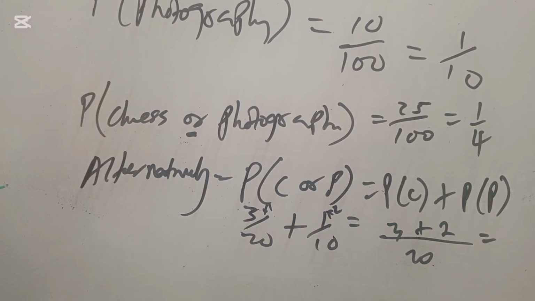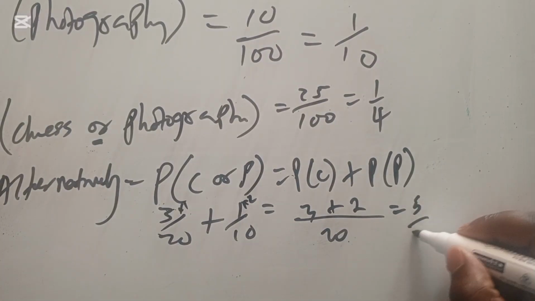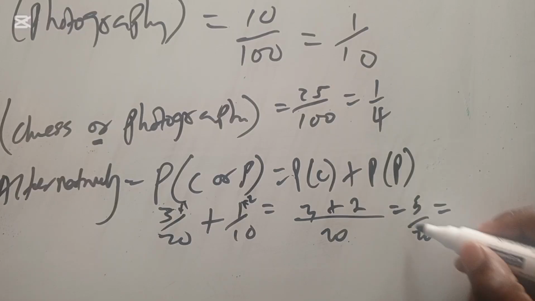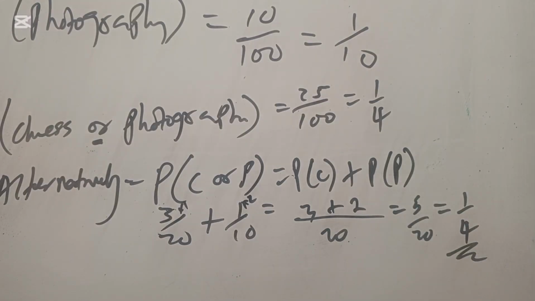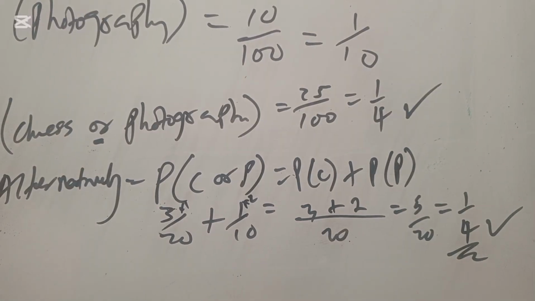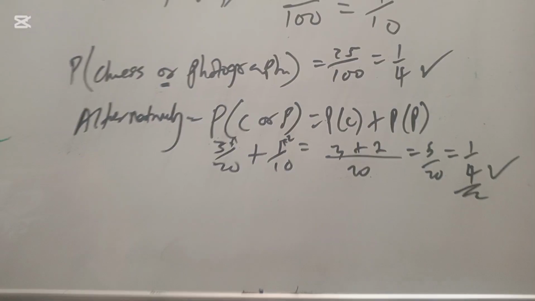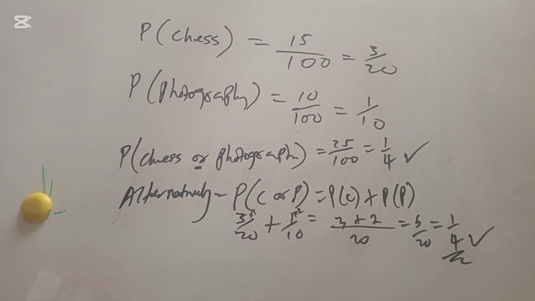So your answer here is 5/20, which simplifies by 5 to 1/4. This answer is the same as this. So it is important to understand how these questions work and why we are doing what we are doing at each stage.